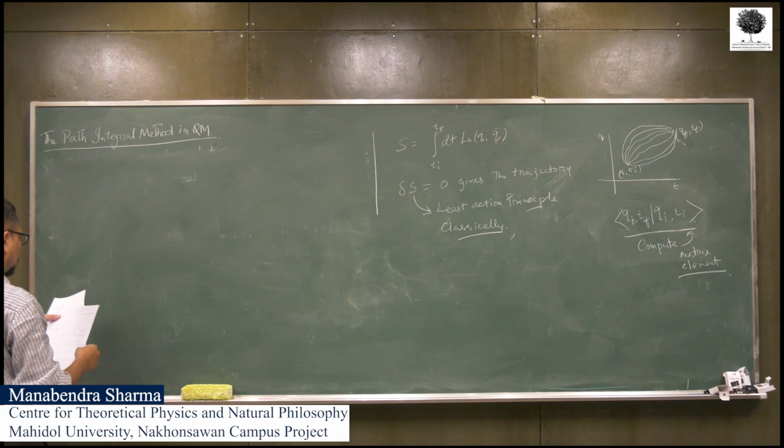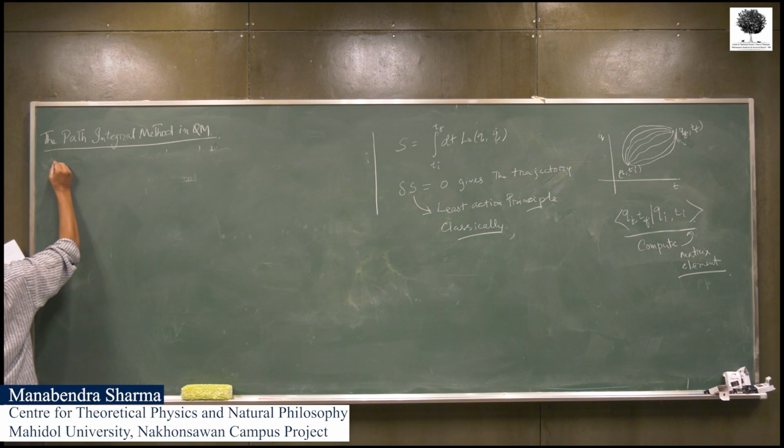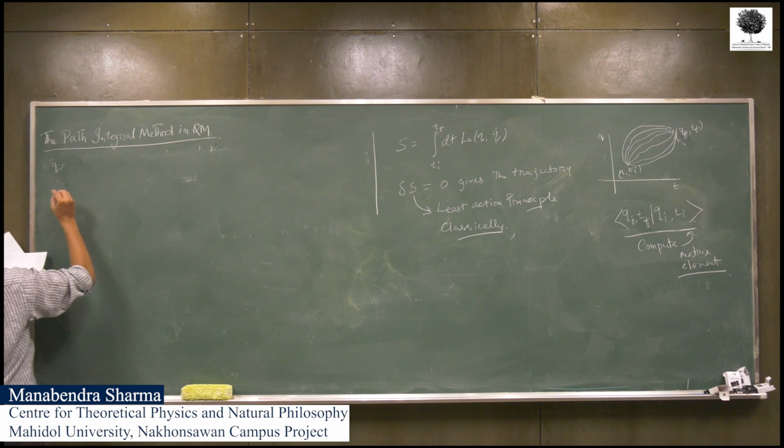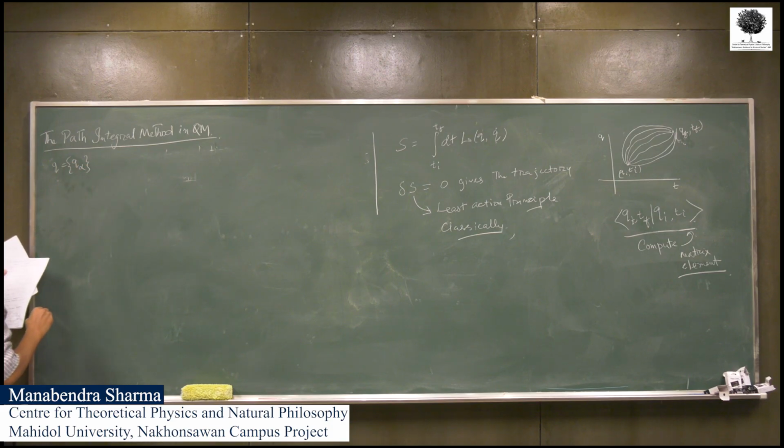So, a few quick definitions. So q I write in a condensed notation, q alpha, to denote collectively the coordinate degrees of freedom.